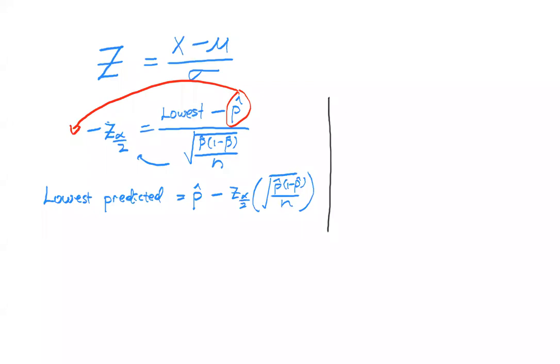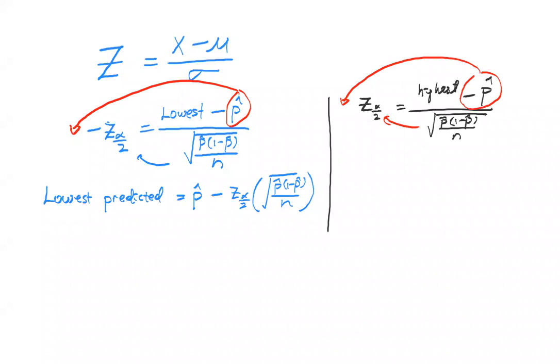Okay, so the highest is positive Z alpha over 2 equal to the highest minus P hat, over the standard deviation, square root of P hat 1 minus P hat over N. So this one cross multiply and this whole thing bring over, right?